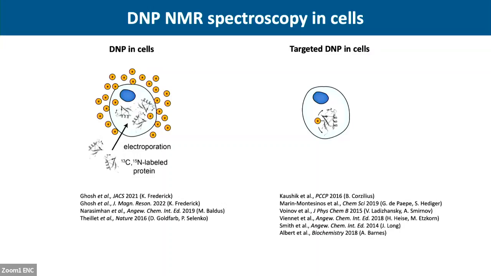The idea of targeted DNP in the cellular environment would be a situation where you have selected your favorite protein and you have found a way to attach one polarization agent to your favorite protein. This polarization agent will be responsible for increasing the signal of your favorite protein and not really increasing the background.